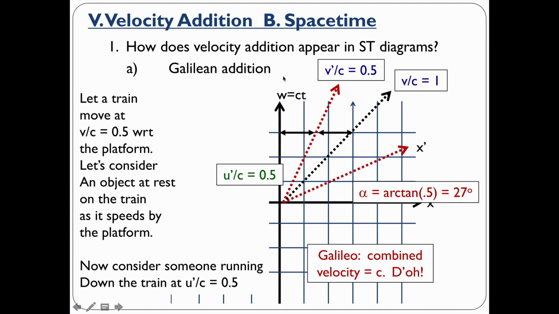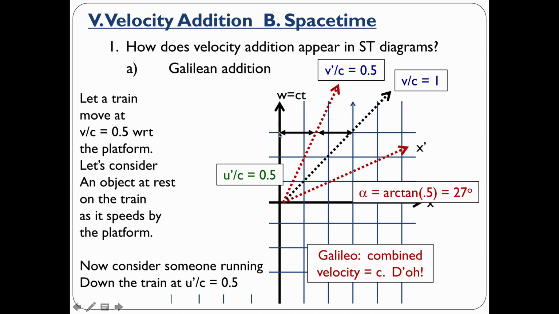Well, if you add velocities, you look at how this is v over c equal to 0.5. This is v over c equal to 1. And an object at rest speeds by, and someone is running down the train at a speed of u prime over c equals 0.5.